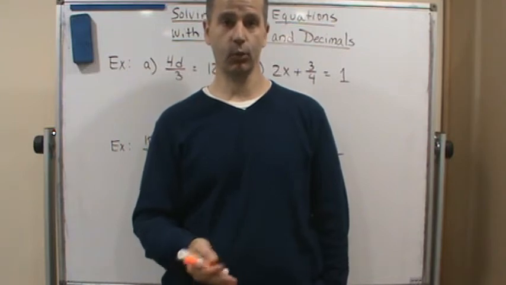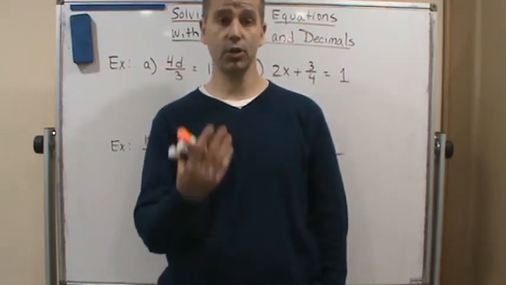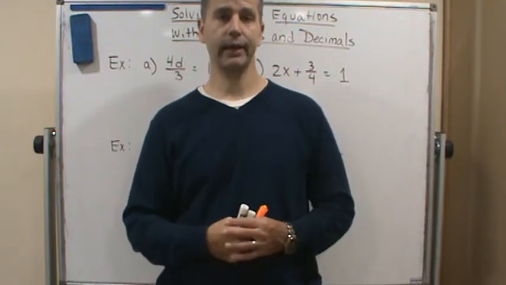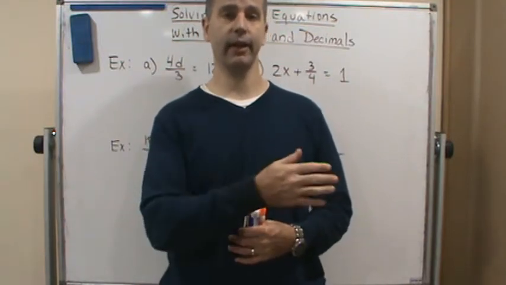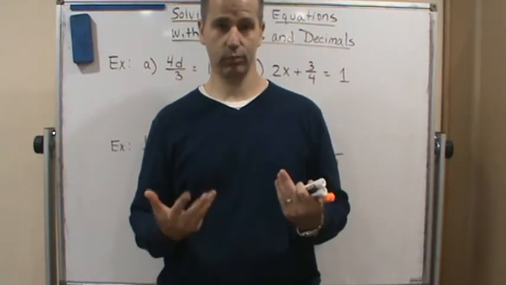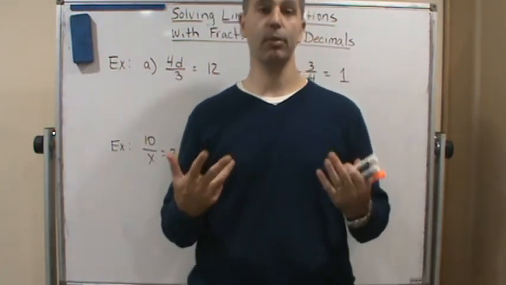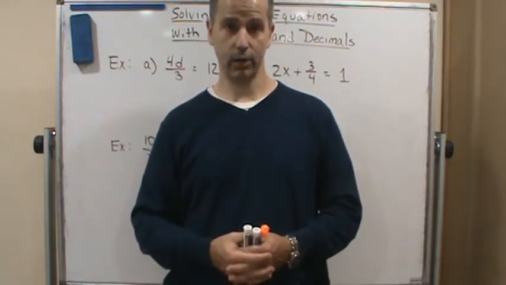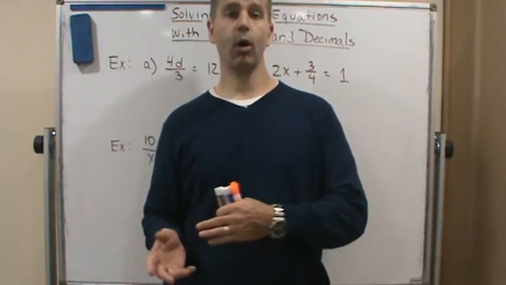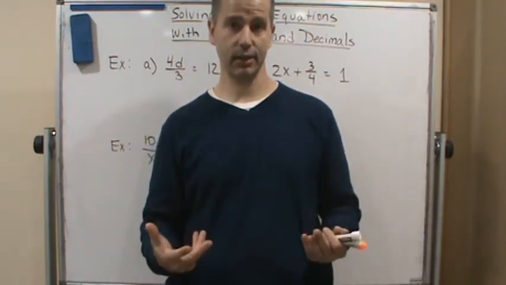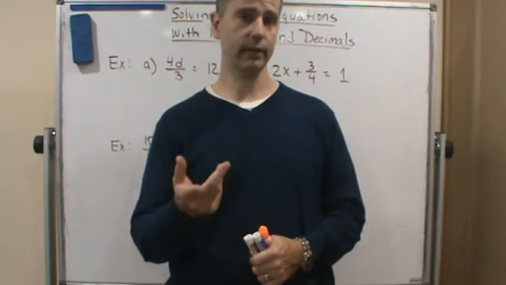We basically use the multiplication rule, multiplying everything by the reciprocal, to get rid of all of the denominators so that we're just dealing with an equation that contains integers.